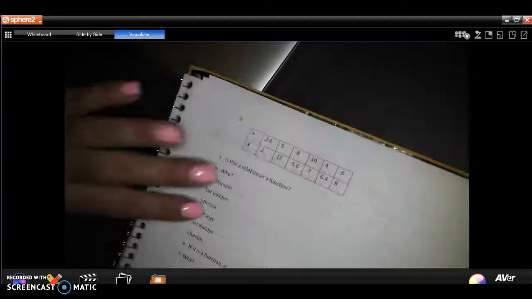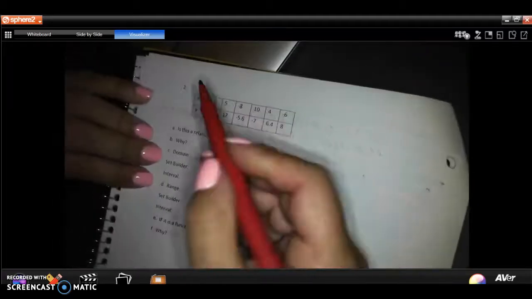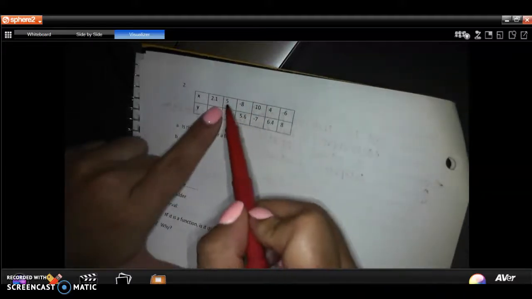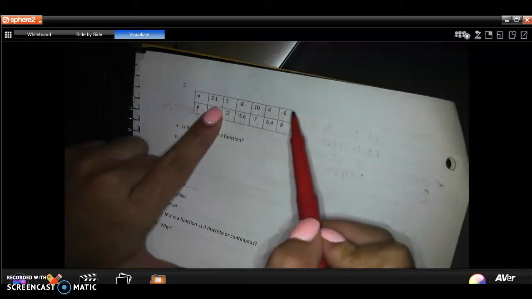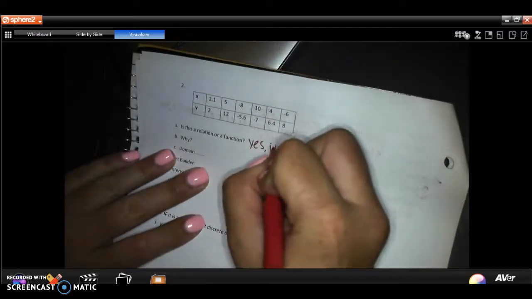I really like when they give us numbers like this in the boxes because it lets us know where everything's at. So I always look at this and say, okay, is this a relation or a function? So I'm going to look at my x values. Each x value has exactly one y value. So yes, it's a function.